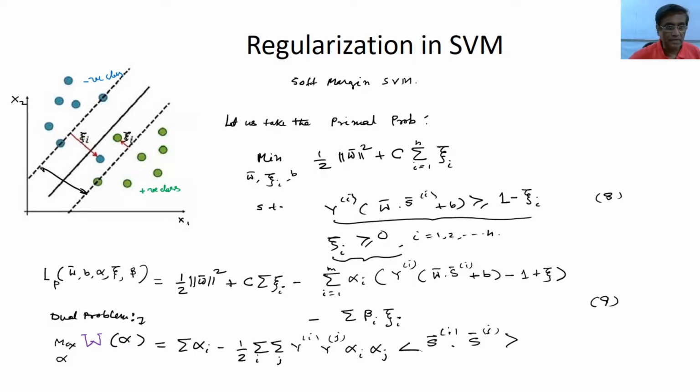width of the gutter. Okay, because it will try to make a decision boundary in such a way that this outlier will be considered in the negative class. Likewise here also. So in that process, it will try to shrink the width of the gutter.